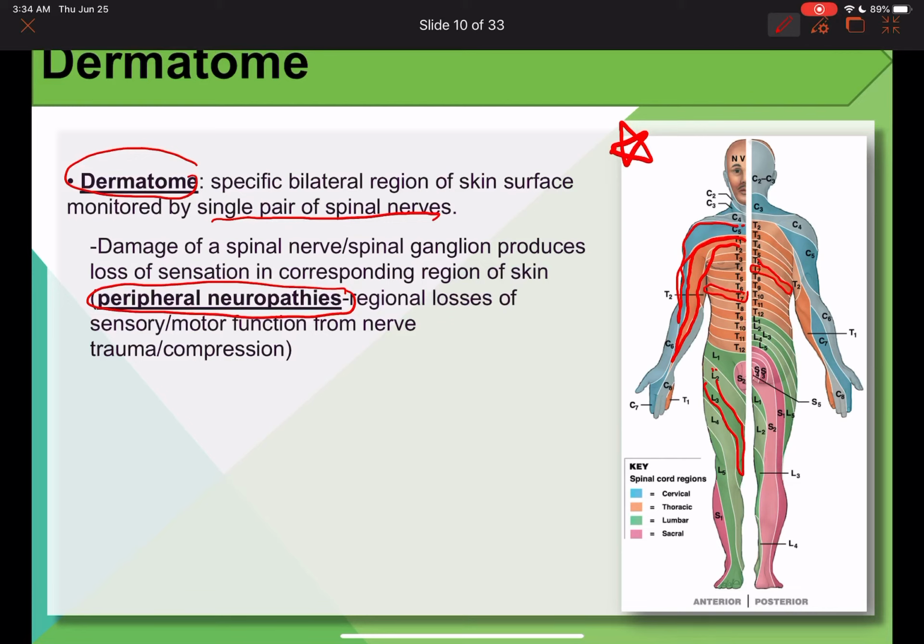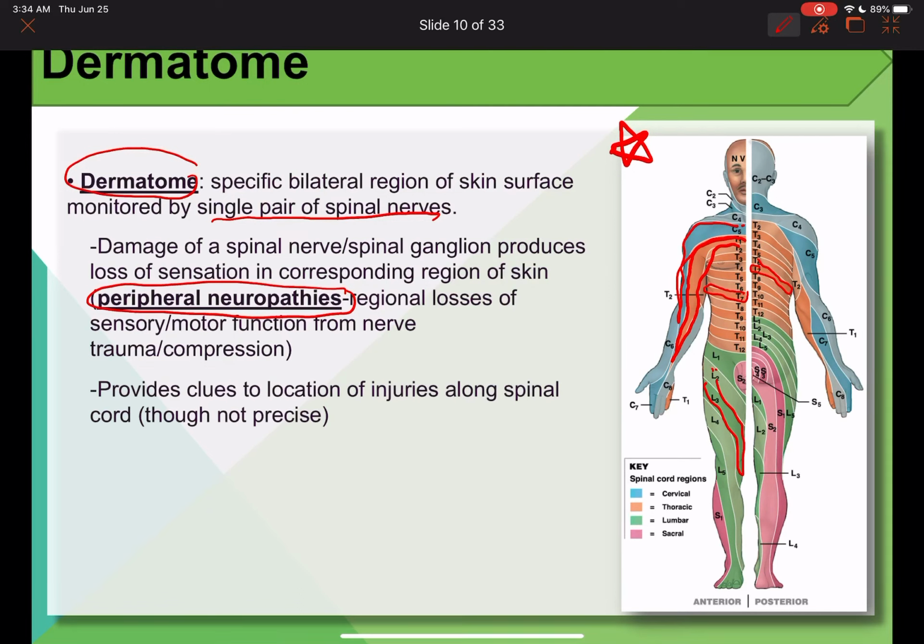So when we feel numbness in certain areas of the body, we may be able to trace it back to the particular spinal nerve via these dermatome locations, though we must emphasize that it is not exactly precise, but it at least may provide some clues as to the underlying reason for your sudden numbness in certain parts of your body, or at least a possible diagnosis of a symptom, and whether we can rule it out or not will then follow. Your doctor will follow up with you.